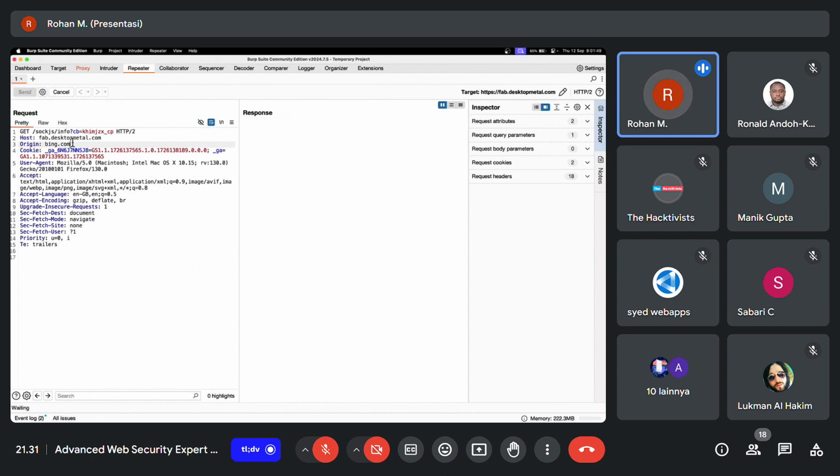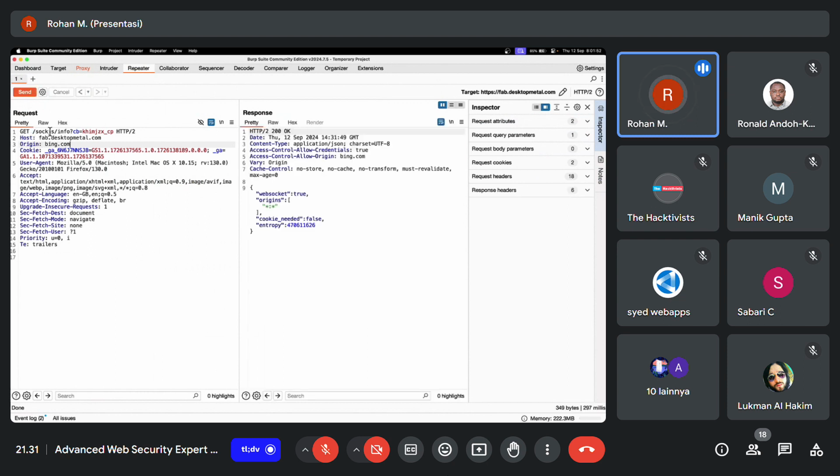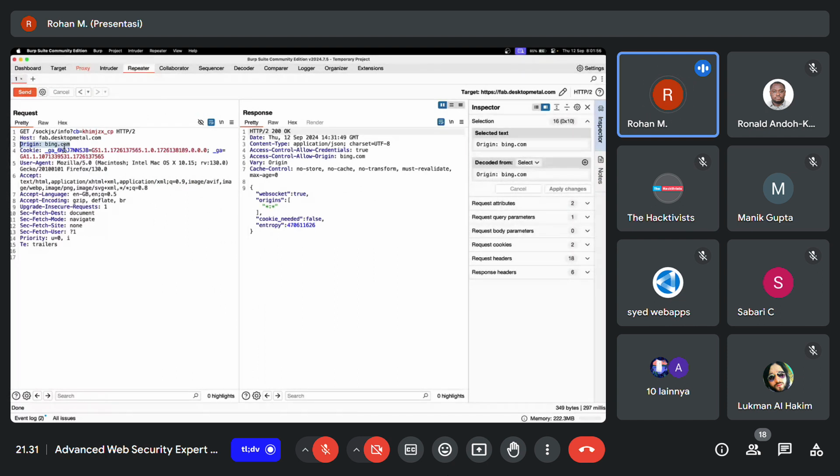When I write this line, what it means is that the request to this resource has been initiated by bing.com. Back to the example that we had discussed, River Ganga originating at the Himalayas. So the origin is the Himalayas. Here, when you write Origin bing.com, it means that this request was originally initiated by bing.com.